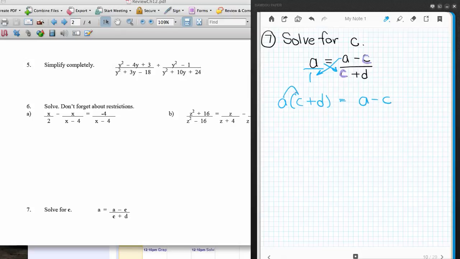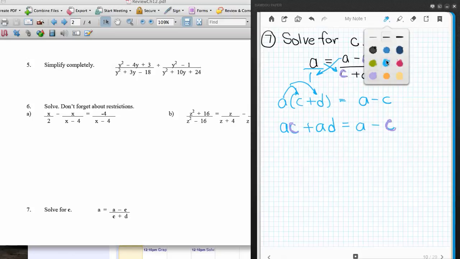Now I'm going to do the distributive property here because I want to get the C's as unique terms. So I have AC plus AD is equal to A minus C. Now these two C's that you see here and here are my focus. They're my X's, so to speak. So they have to get together and everything else can go away from them.